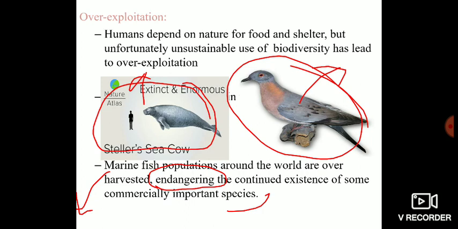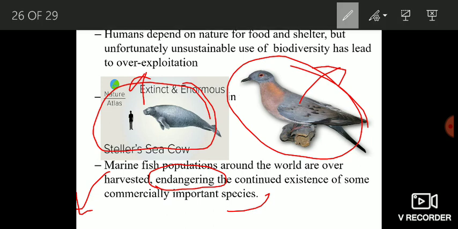I can say that humans need biodiversity, but this need has now turned into greed. We do not use biodiversity sustainably, and because of this unsustainable use, many species of animals and plants have been thrown to extinction.